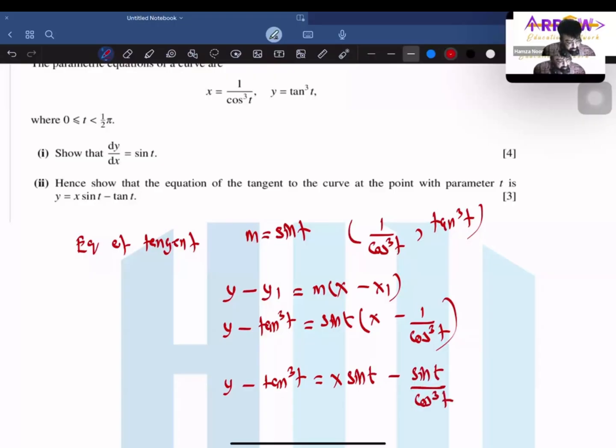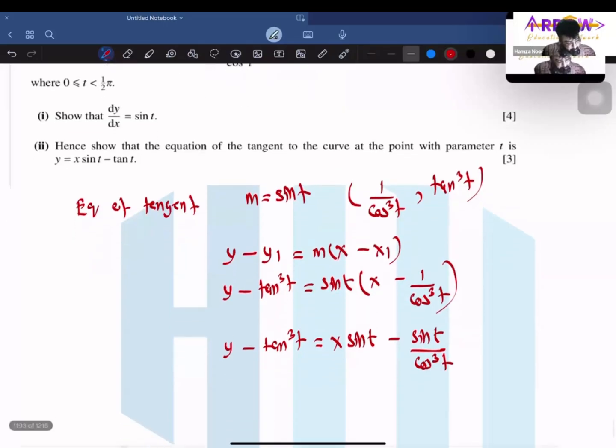Okay, so far we have achieved this much. All right. And now I am going to say that y minus x sine t is equal to tan cube t minus sine t divided by cos cube t.